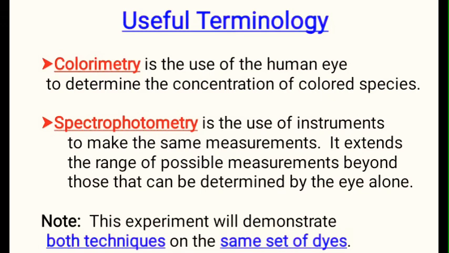It extends the range of possible measurement beyond those that can be determined by the eye alone. These two instruments measure the optical density of colored compounds, and these equipments are very useful in the pathology lab.